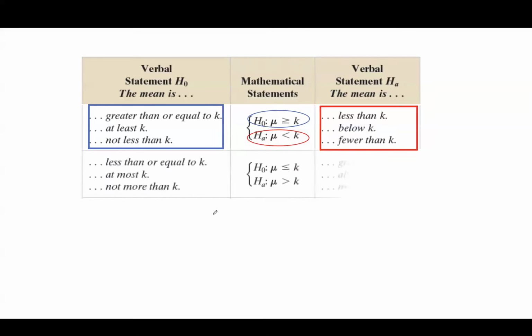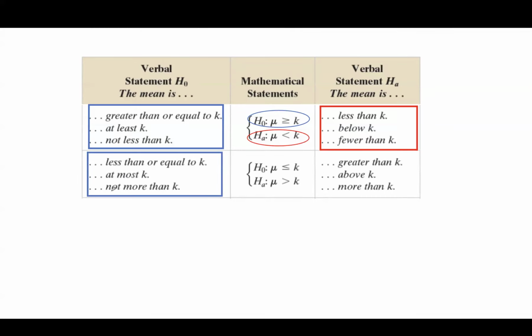The next set is keywords that say less than or equal to, at most, not more than. This is your null hypothesis. The population mean is less than or equal to k. The population mean is at most k. The population mean is not more than k.